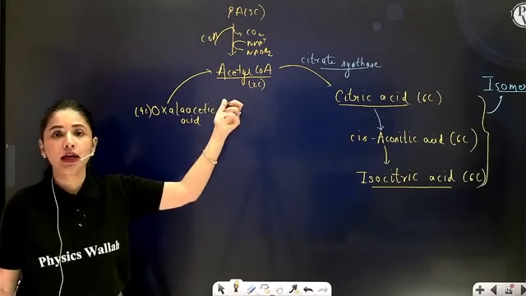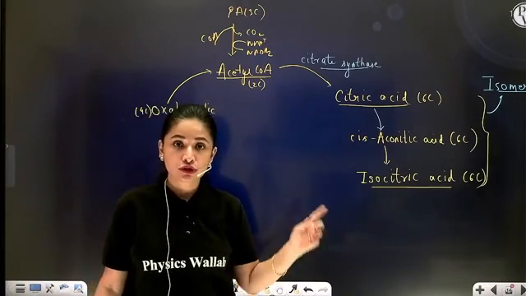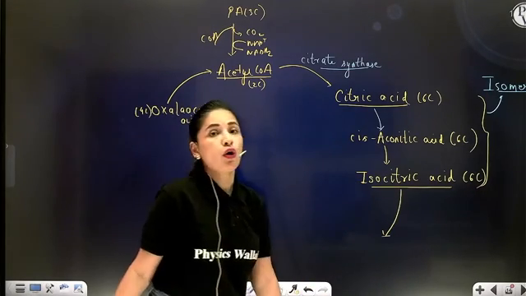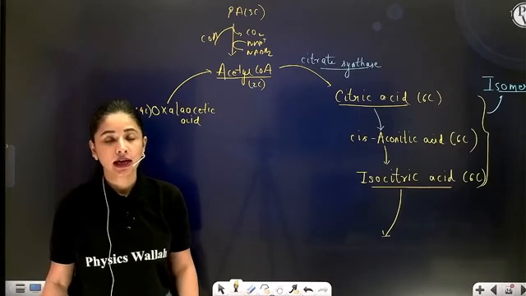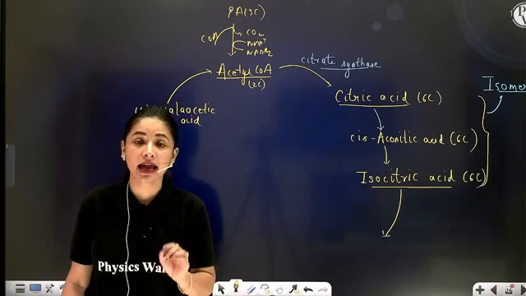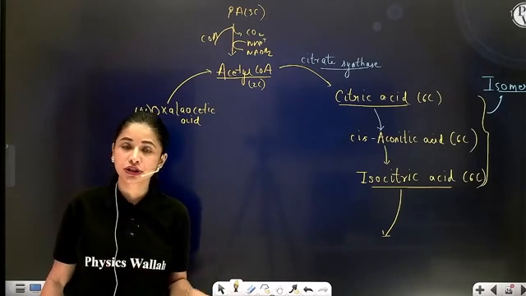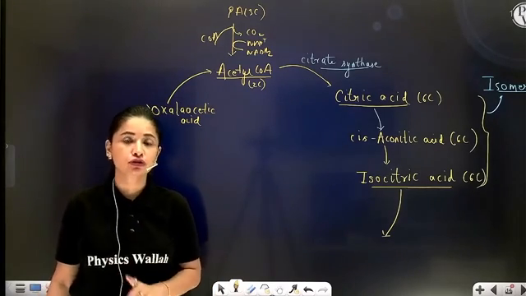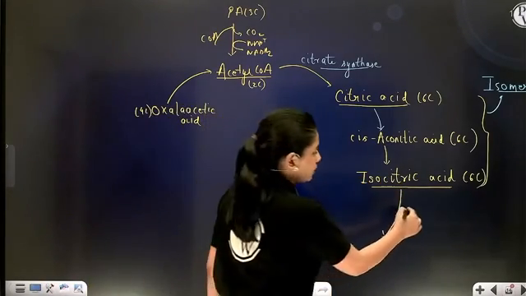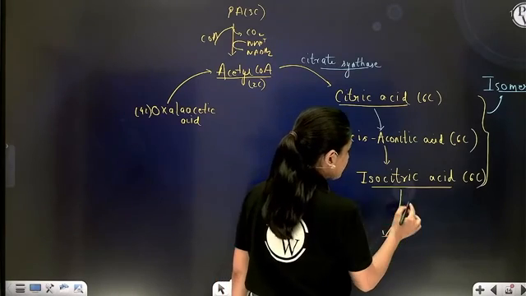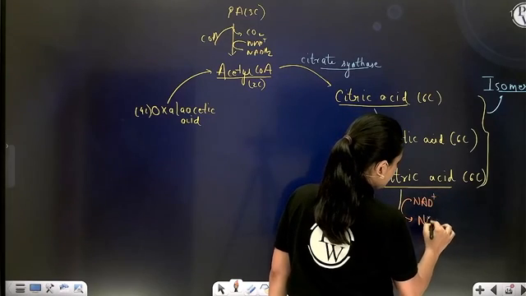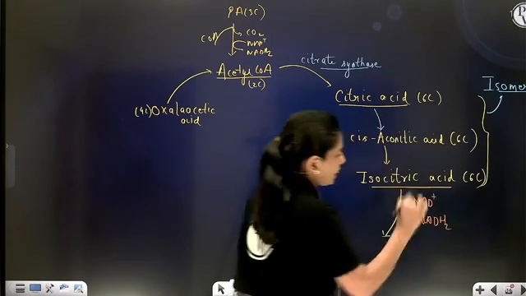Moving ahead. Now, this isocitric acid will not stop, because our aim is to completely oxidize the 2-carbon compound acetyl coenzyme A into 2 molecules of CO2. So the first step after isocitric acid formation will be oxidation of isocitric, and the oxidizing agent which will oxidize isocitric is again NAD positive. No oxygen addition, simply removal of hydrogen and electron will take place from isocitric acid, which will be accepted by the oxidizing agent NAD positive to form NADH2.